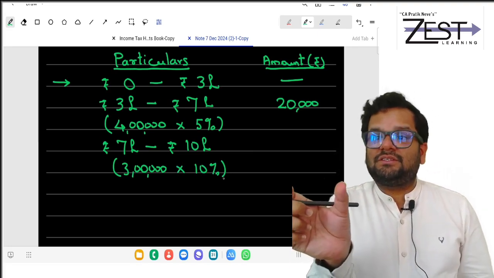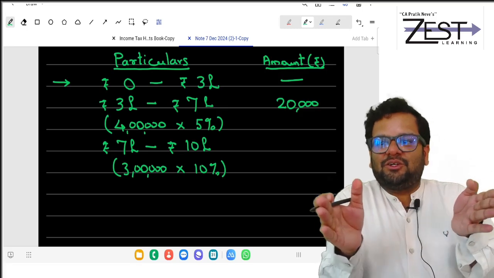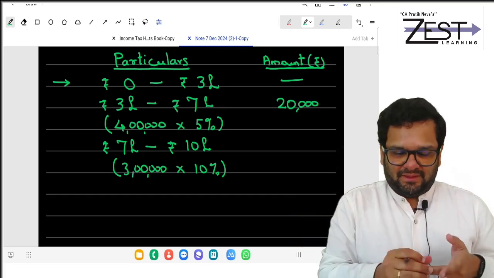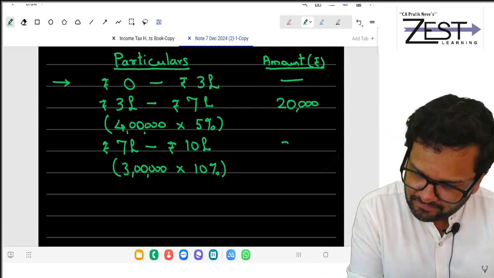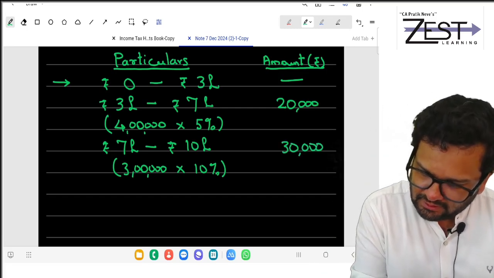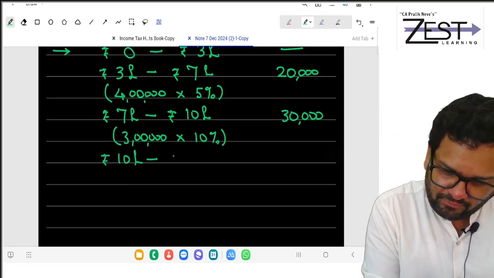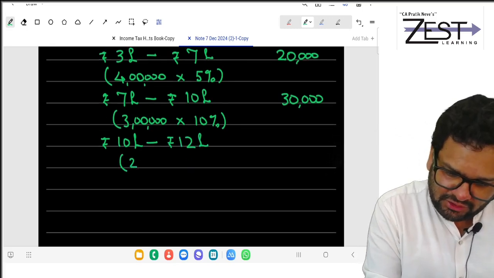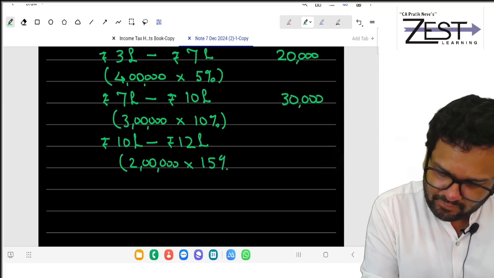Yes. So on this 3 lakh, which falls between 7 to 10, there is 3 lakh. On 3 lakh at 10% will be 30,000. 10 lakh to 12 lakh, 2 lakh. On this 2 lakh, tax is at 15%.